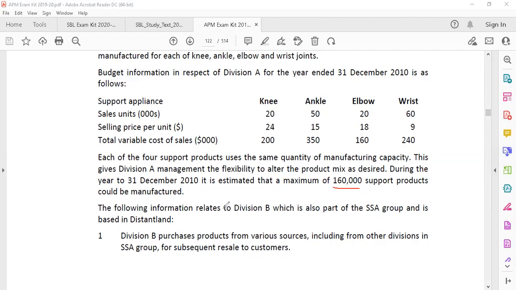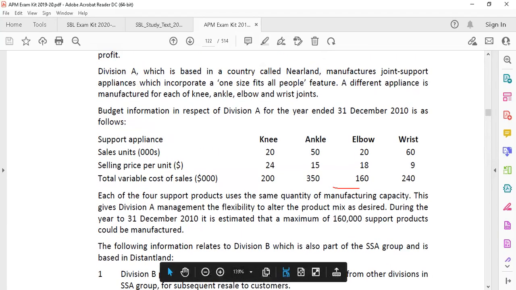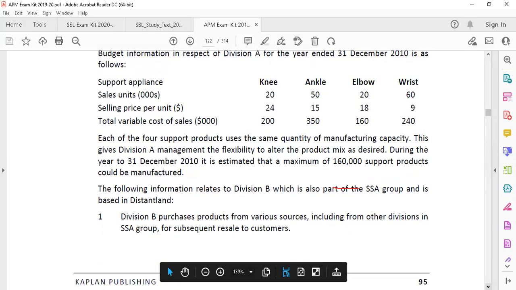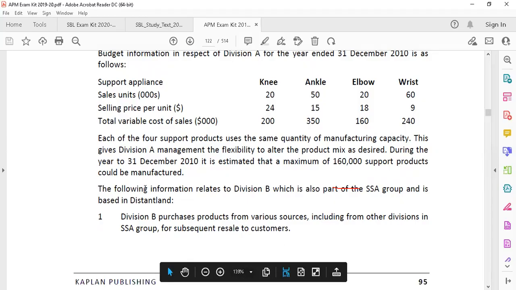The following information relates to Division B, which is also part of the SSA group and is based in a distant land. Otherwise, the main unit is located in a place called Netherlands. Division A is based in a country called Netherlands. Another unit of the same organization, SSA group, is Division B, which is based in a distant land.